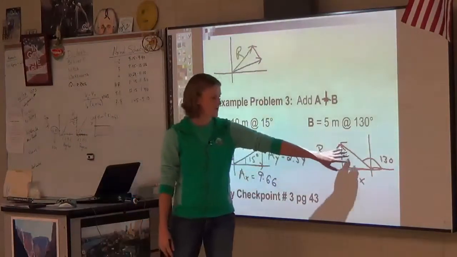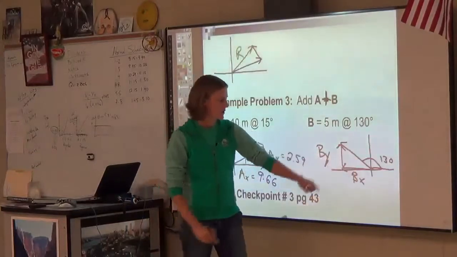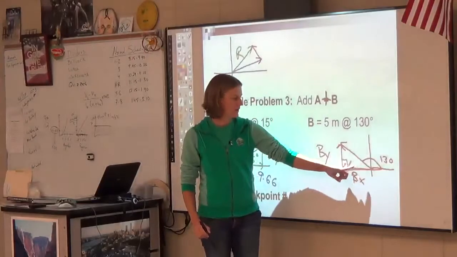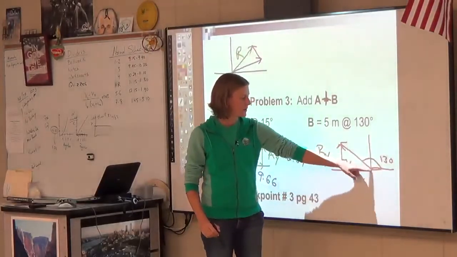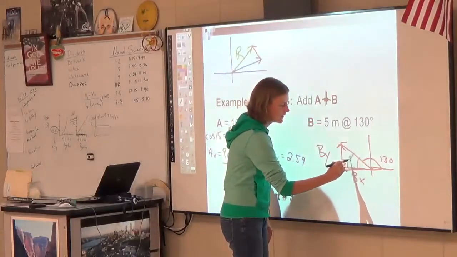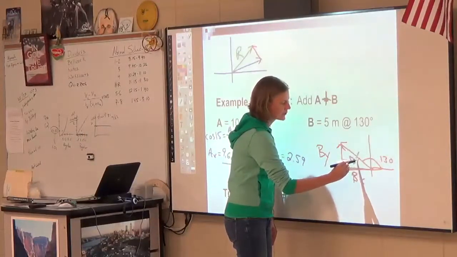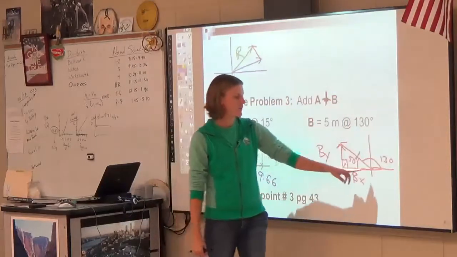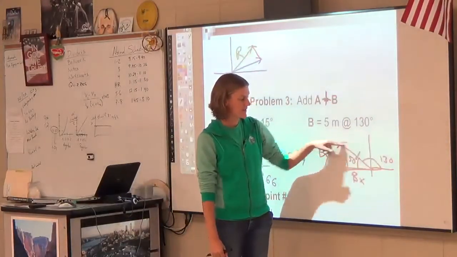But this is the way I drew my triangle. So I need to think about what angle makes sense in my triangle. I know all of this is 130, but I drew my triangle this way, so I really need to worry about that 50 degrees in order to do my trig. Again, it did not matter if you drew BY first and then BX.